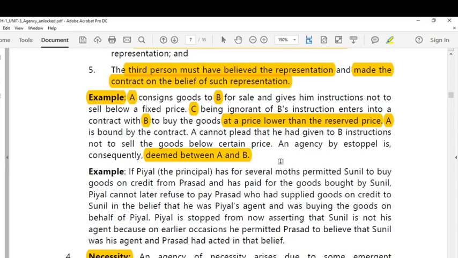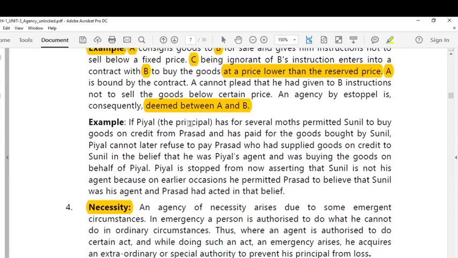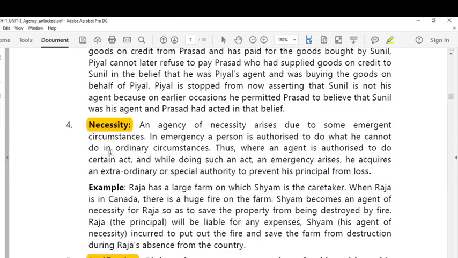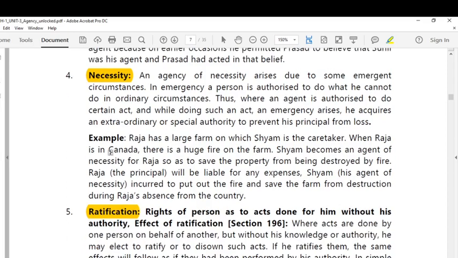Right. So this is one example. The next one is agency by necessity. An agency of necessity arises due to some emergent circumstances. So, due to certain emergency circumstances, sometimes an agency arises. In an emergency, a person is authorized to do what he cannot do in ordinary circumstances.